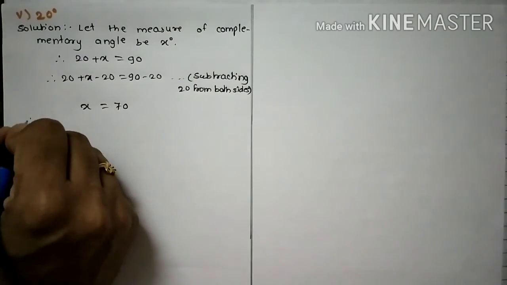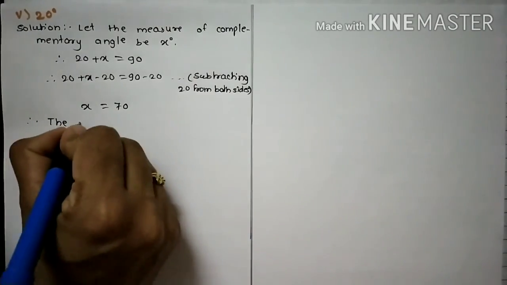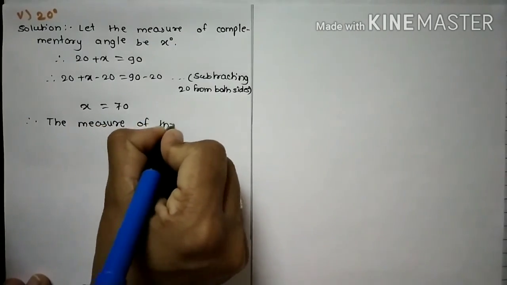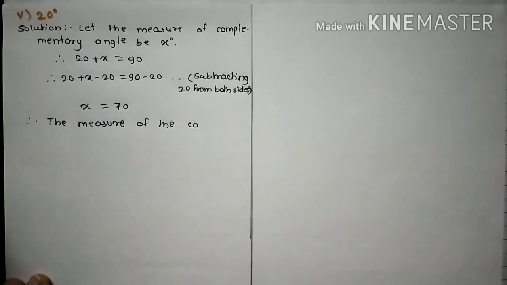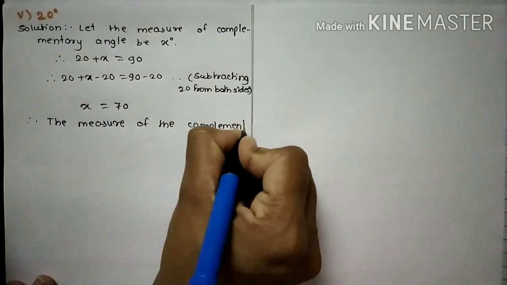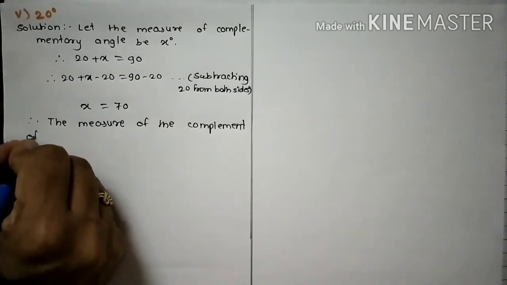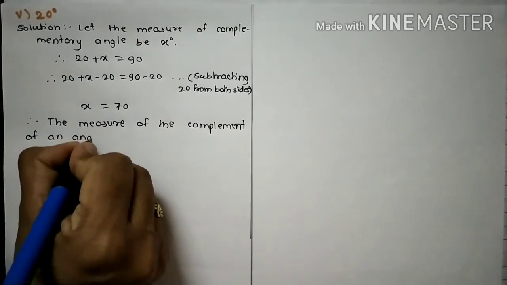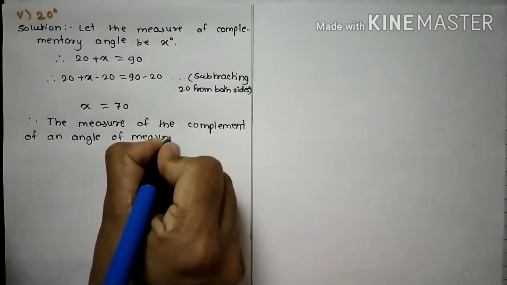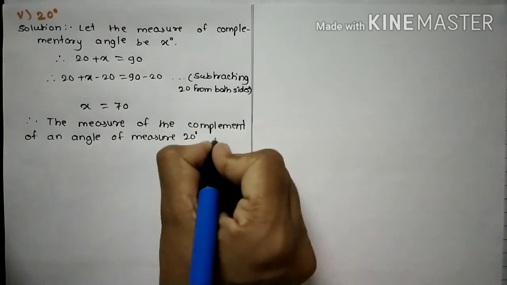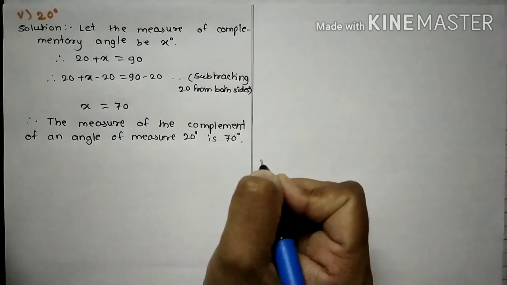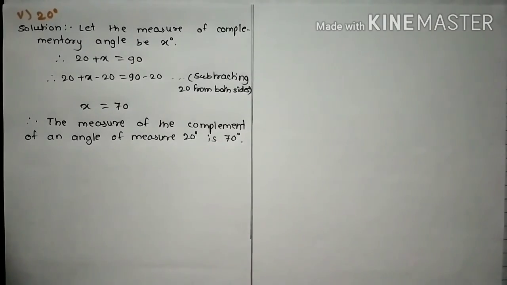Therefore, the measure of the complement of an angle of measure 20 degrees is 70 degrees. Okay, now see the next example.